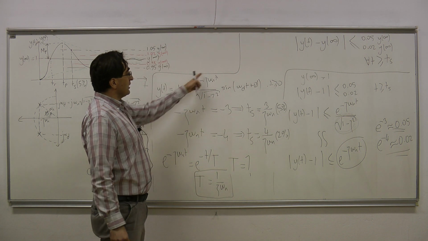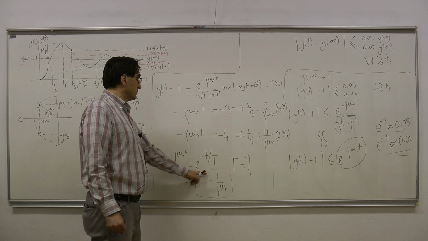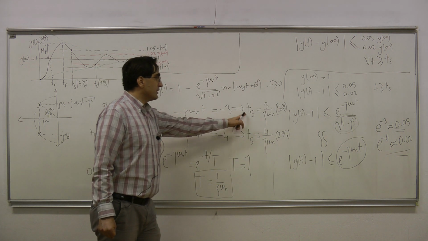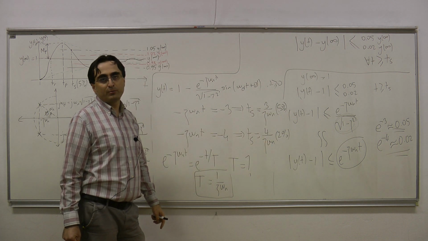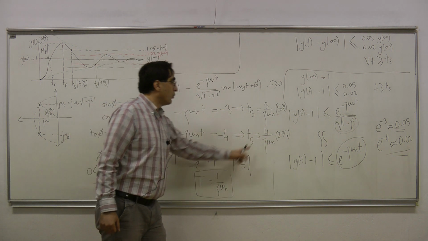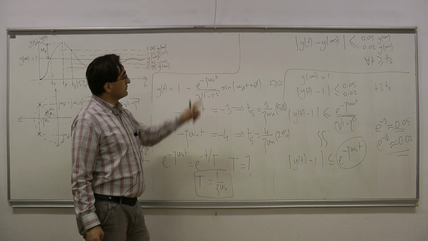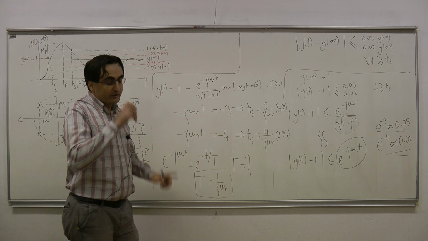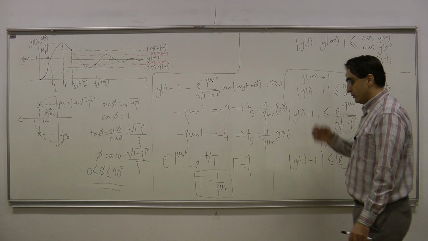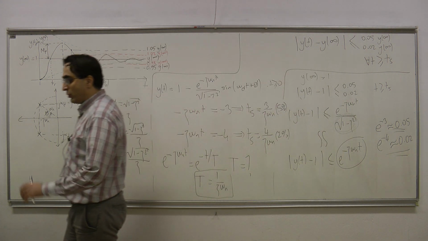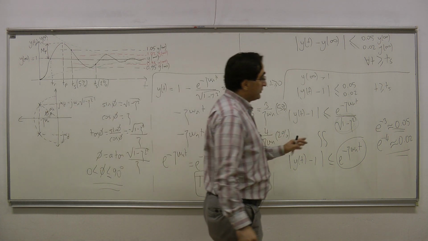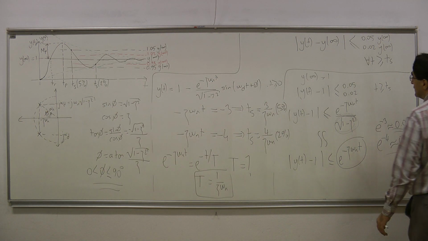So the time constant of this decaying exponential is 1 over psi omega n, and the 5% settling time is nothing but 3 time constants of this exponential, and the 2% settling time is nothing but 4 times the time constant of this exponential. So these are very approximate formulas that we can use to make time domain analysis, in order to understand the time behavior of systems from frequency domain or Laplace domain quantities.